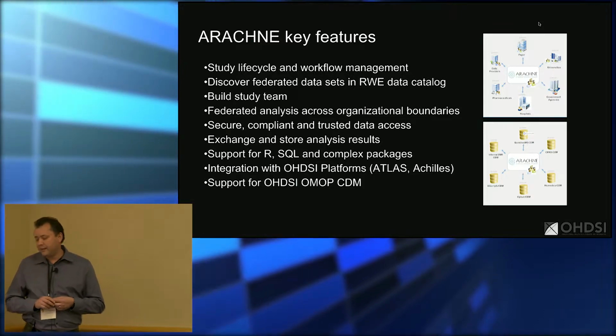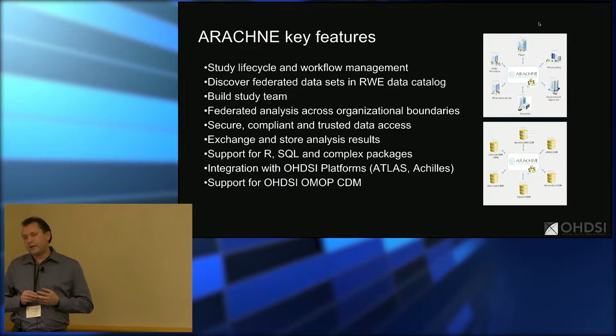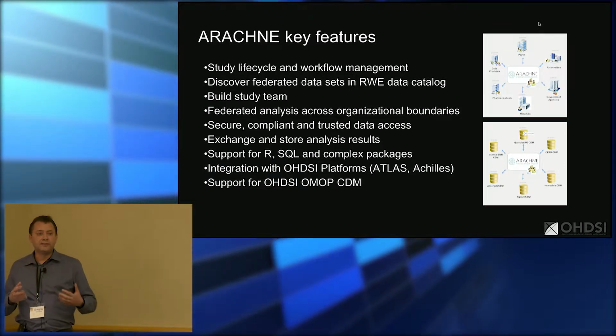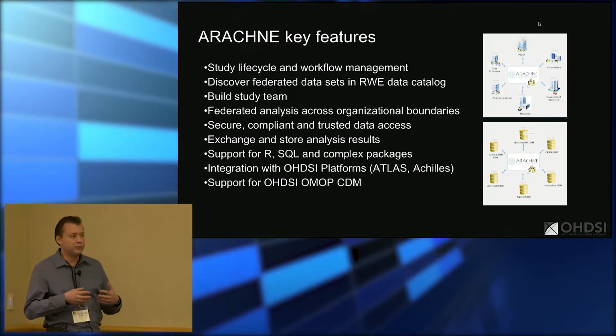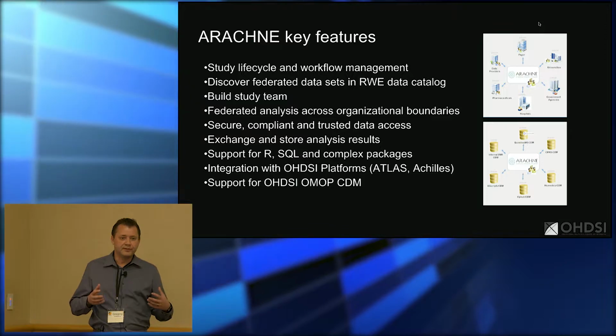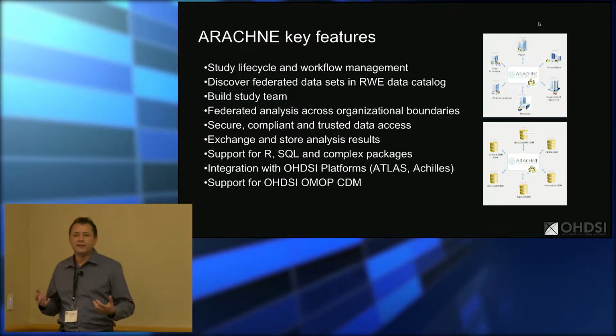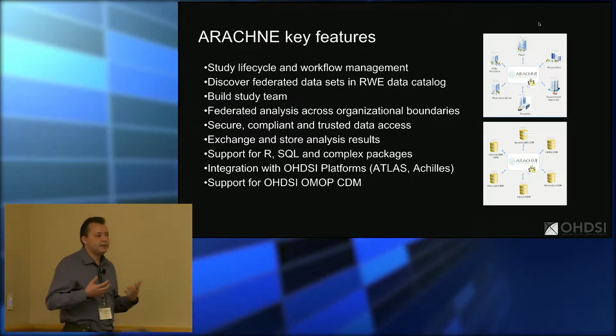So there are 2 different flavors of Arachne. Arachne can be deployed inside a single organization, so you can enable observational research within a single team or across multiple teams, multiple departments in a single organization. That's the deployment you typically see when you deploy it behind the firewall. There is a second flavor of Arachne, and that's what you will see today.